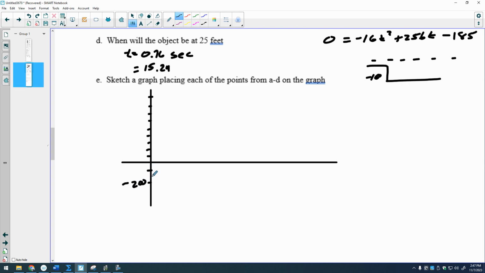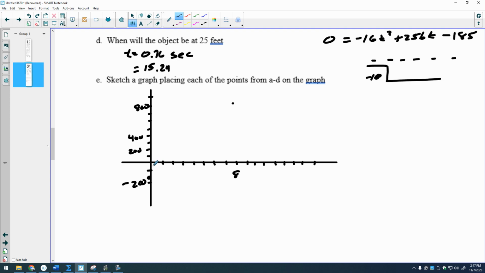So there's negative 200, so negative 160 is sitting right here. And after 8 seconds, 2, 4, 6, 8, it is at the highest point of 864. So right here. There's 800, there's 200, and so on.